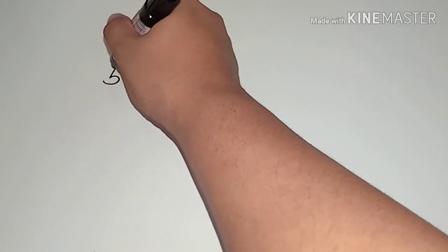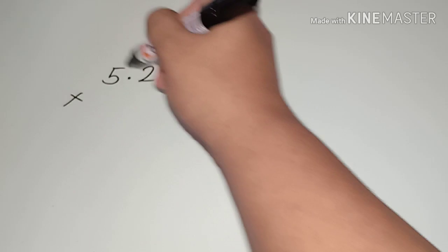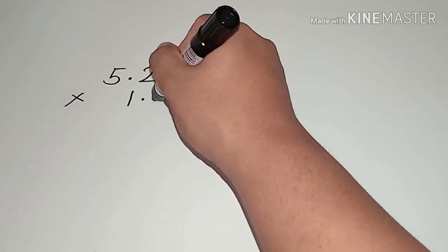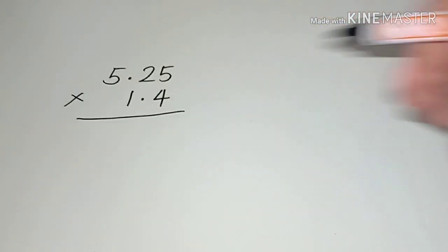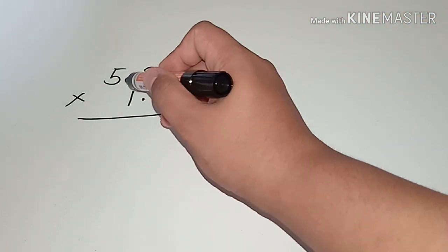Next example, what if we are multiplying 5.25 times 1.4? If you try to notice, both numbers there are decimal numbers. So we have to make them into whole numbers by moving the decimal point to the right.